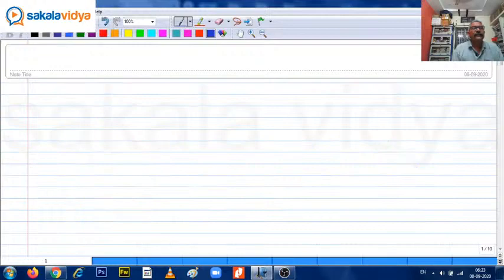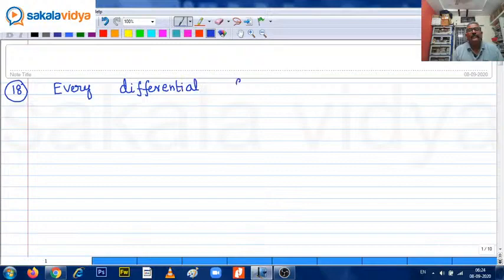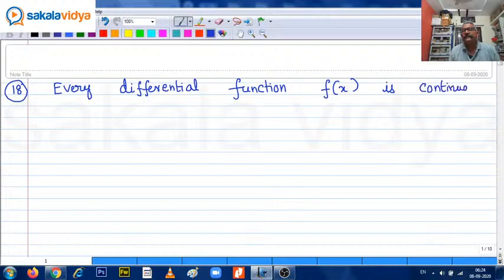Next, the 18th is very important. Every differentiable function f of x is continuous at x equal to a.